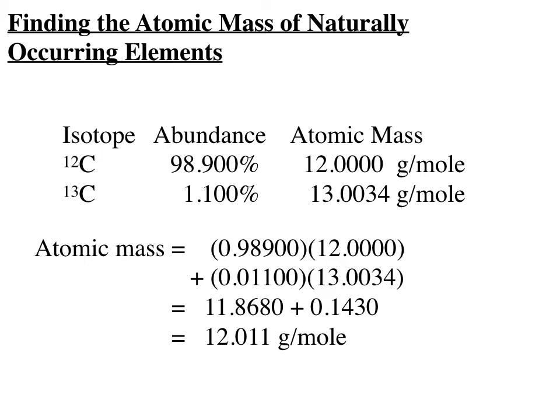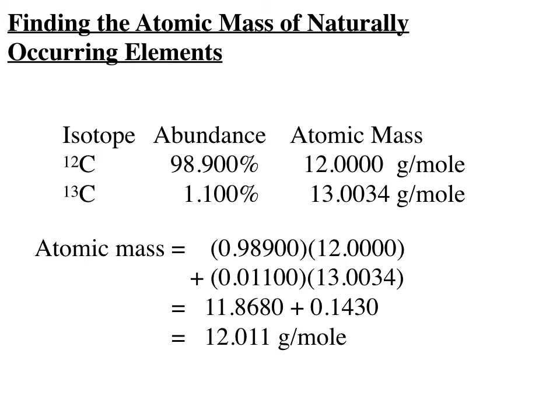And then the remaining 1,100 of them, if you scooped up 100,000 of them, would weigh 13.0034 grams per mole, because that 1,100 of them out of that 100,000 that you scooped up would have been carbon-13s.